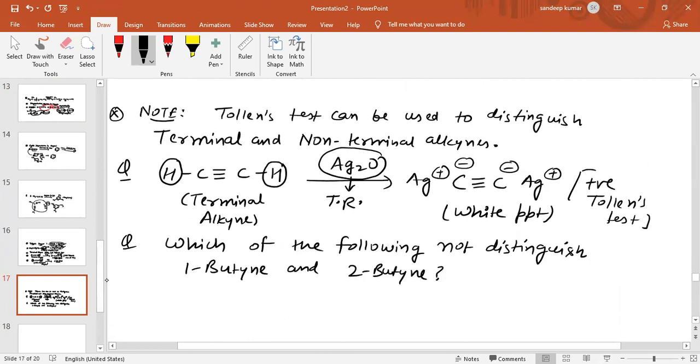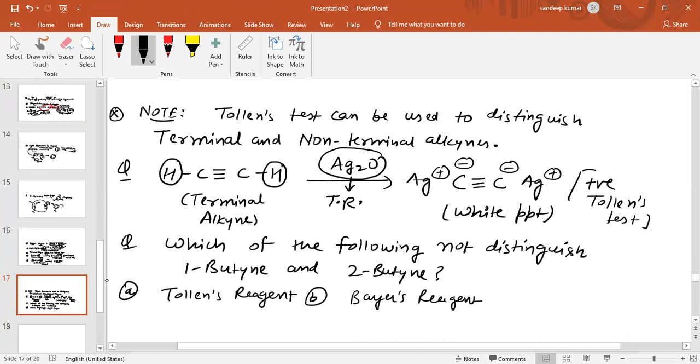The first option, option A, is Tollens reagent. The second option is Baeyer's reagent.